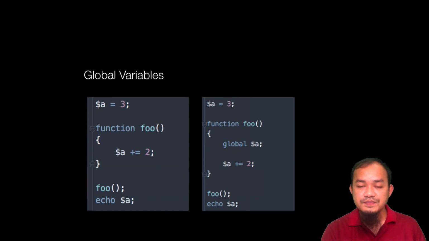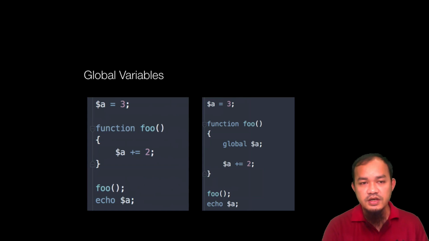But in the first figure, they will echo just only 3, meaning they will display just only 3 because A is outside of the function scope.